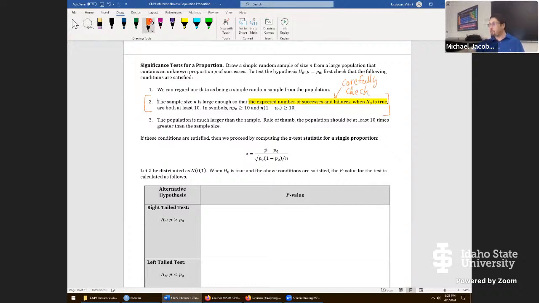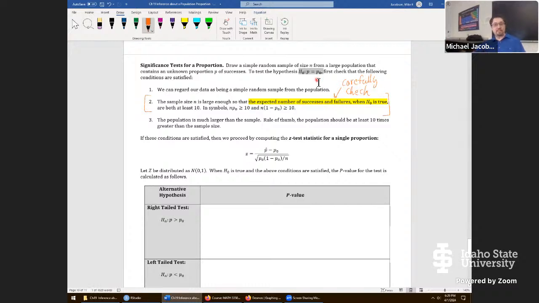And now that we're mentioning we should carefully check this one, note the way it's done. We're not looking for successes and failures in the sample. Not at all. There could be no successes in the sample, yet the conditions still pass. The reason for that is we're just checking how compatible our data is with the statements right here from the null hypothesis.